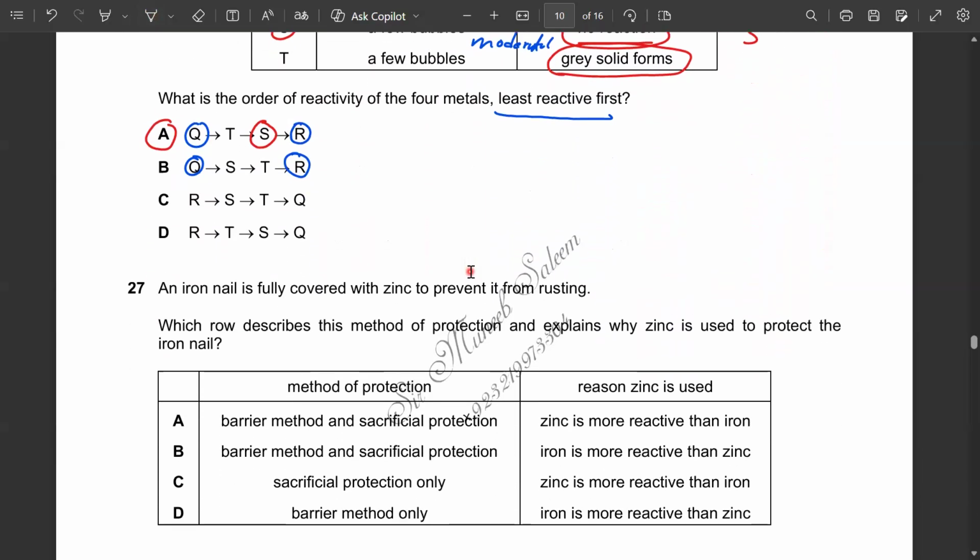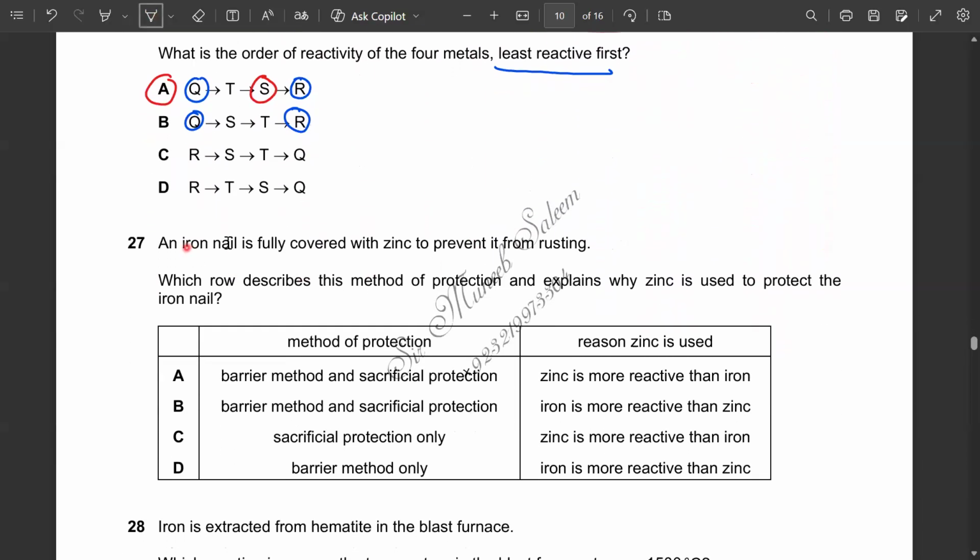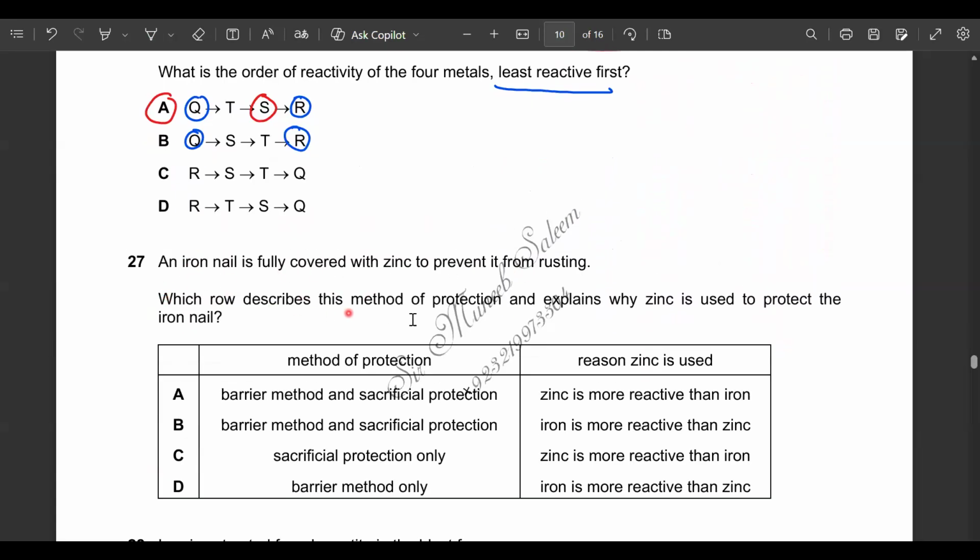Then question number 27. An iron nail is fully covered with zinc. To prevent it from rusting, which rule describes this method of protection and explains why zinc is used to protect the iron nail?